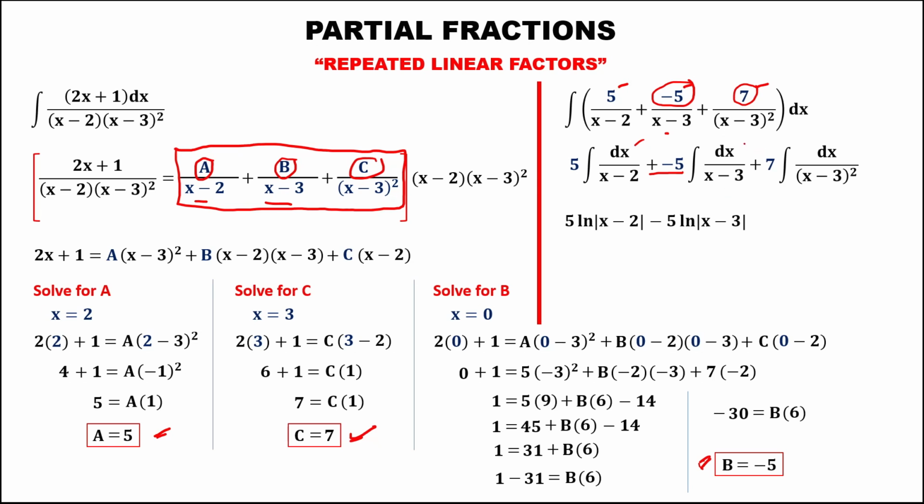Now for this term, to evaluate the integral, if we have positive 6, then the integral of dx over (x plus 2) quantity to the power 2. To evaluate the integral, if this one is positive, this becomes negative. Then we have 6 over, minus 1 for the exponent, so this becomes x plus 2.